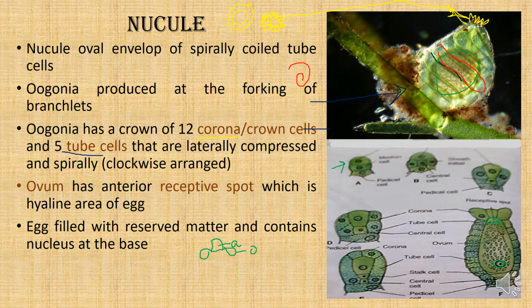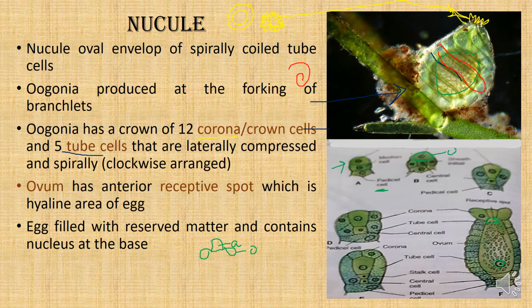This oogonial initial divides, and by division there is the pedicel, which takes place no further division in the pedicel cell, and the oogonial initial again divide and redivide, and the terminal cell, this one, they ultimately give rise to this cell.